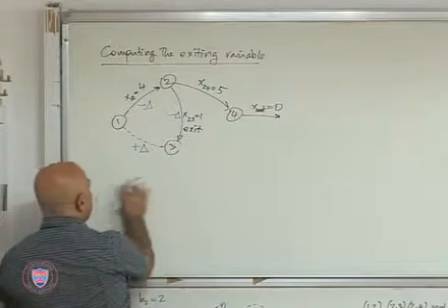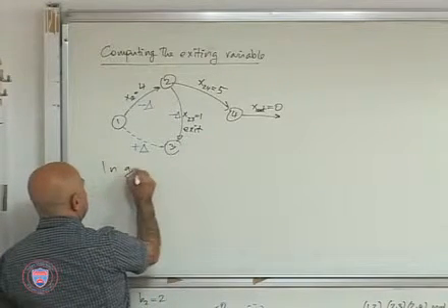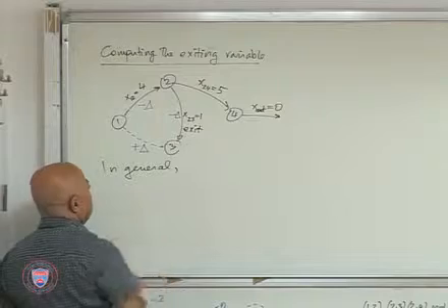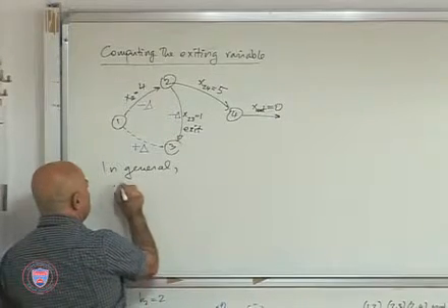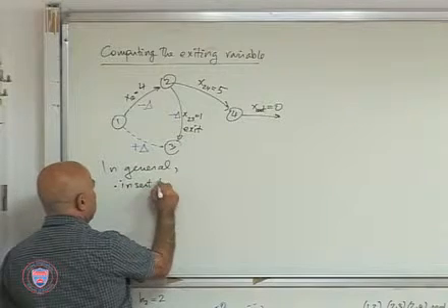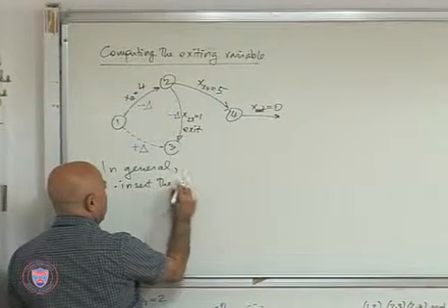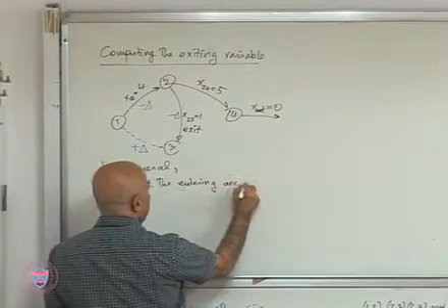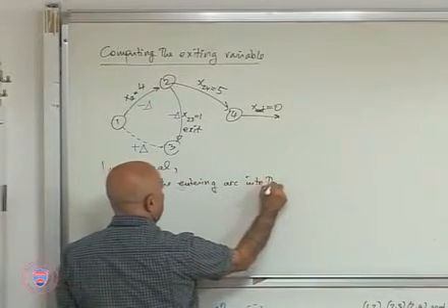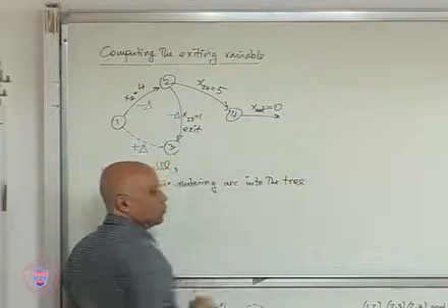In general, we do a number of things. Insert the entering arc into the current rooted tree.